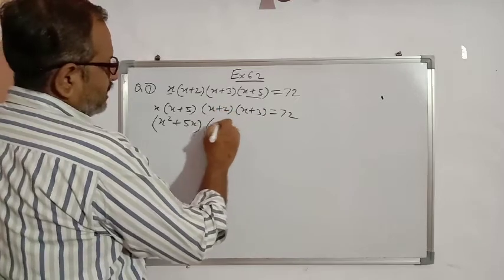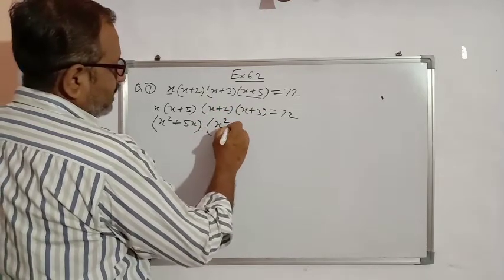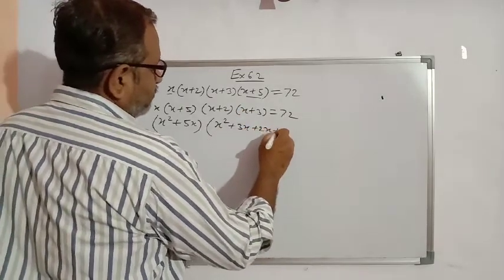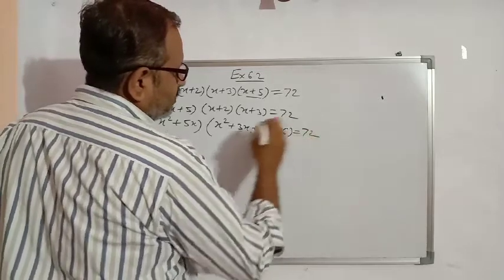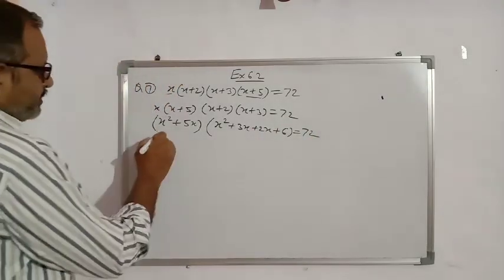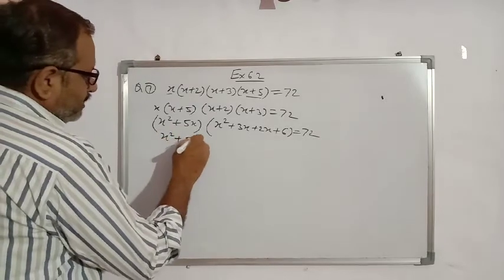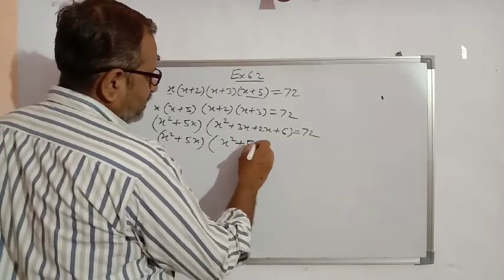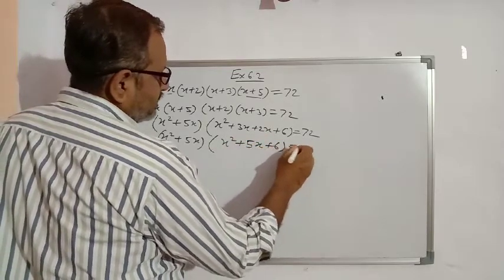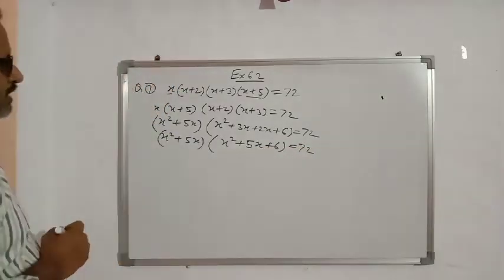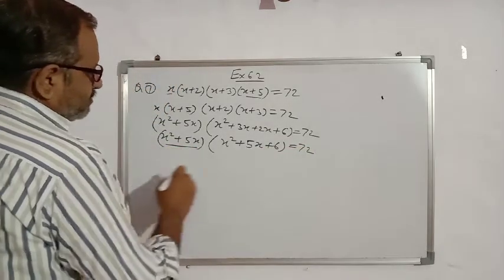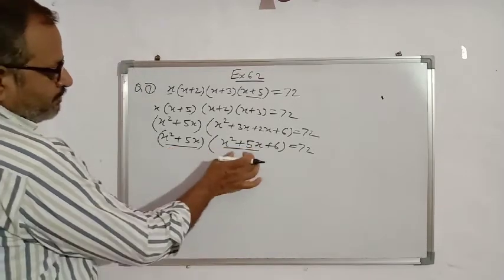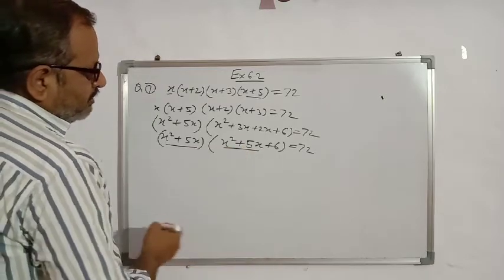Multiply the last two brackets: x into x, x square, plus 3x, plus 2x, plus 2 times 3 is 6, is equal to 72. So x square plus 5x, x square plus 3x plus 2x, that is 5x, plus 6 is equal to 72. x square plus 5x in the first bracket also comes in the second.